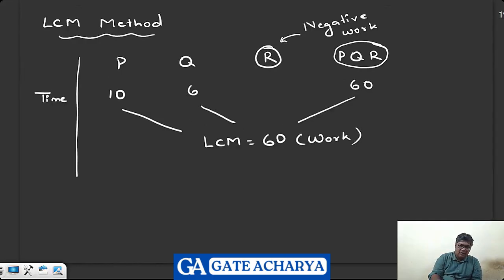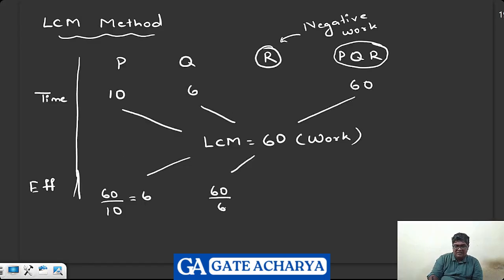Now, from this, I'm going to create the efficiency of each case. Let's start with the efficiency of P. What is the work? 60 divided by 10. Answer is 6. Next, what about Q? 60 divided by 6. Answer is 10. And what about PQR?